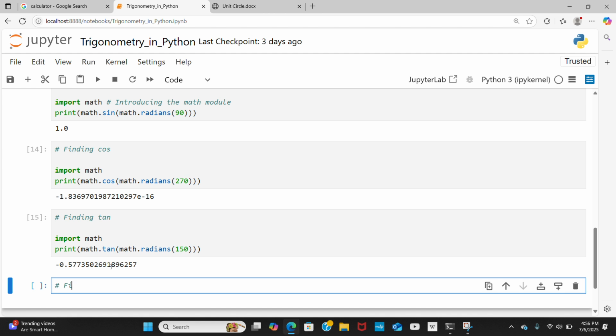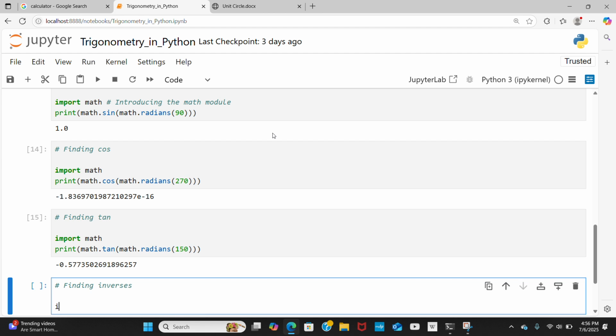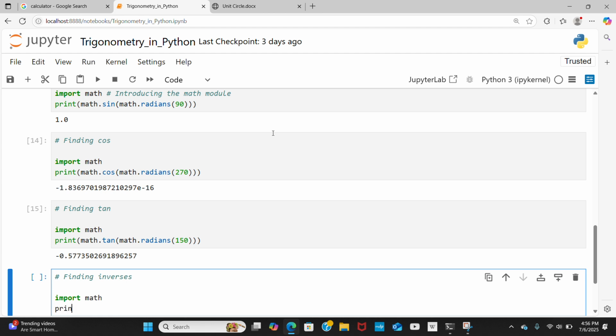Now we're going to be finding inverses. An inverse is 1 over sine or 1 over cosine. We're going to once again import the math module, and we're going to print 1 divided by math.sin of math.radians, and I'm going to choose 180.